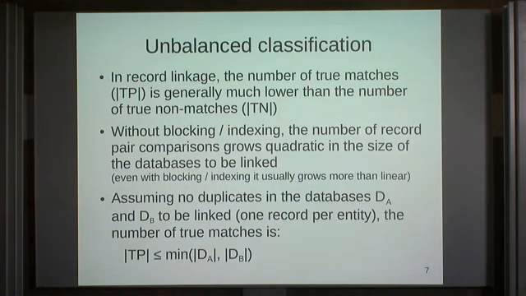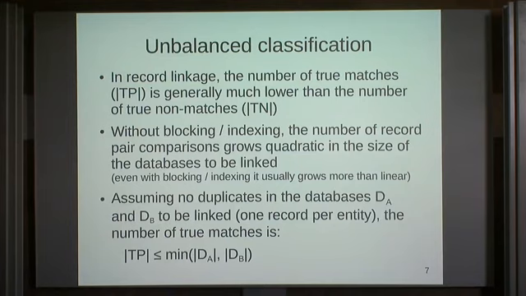Now, an important aspect is that record linkage is normally a very unbalanced problem. If you think about it, we have 2 databases, and the comparison of most records are going to be true non-matches. That's quadratic, right? So even if we do indexing or blocking, we often get many more true non-matches than matches. That's important.